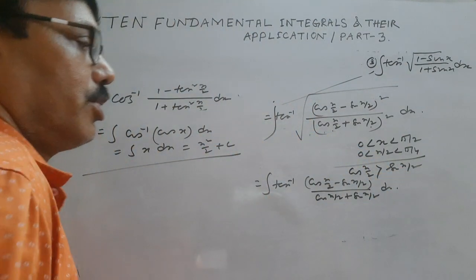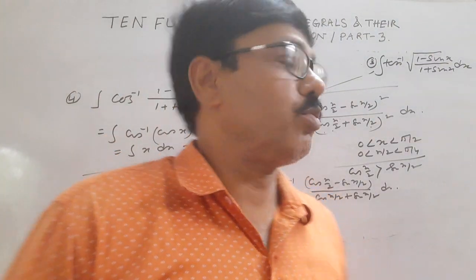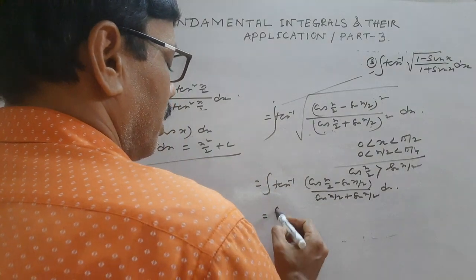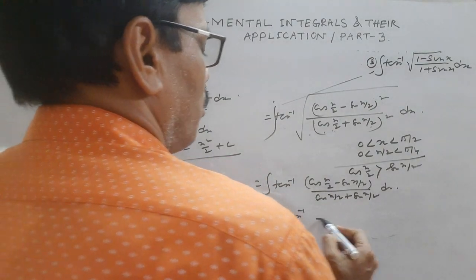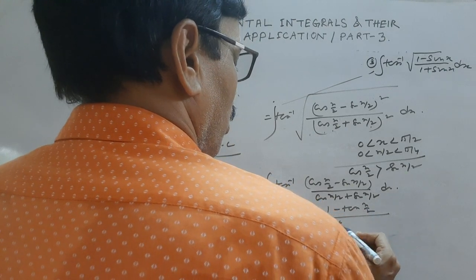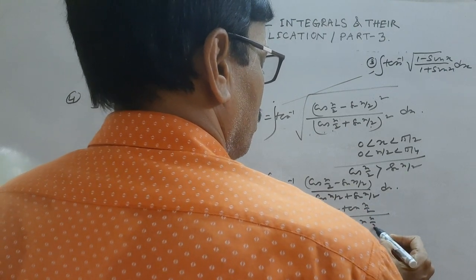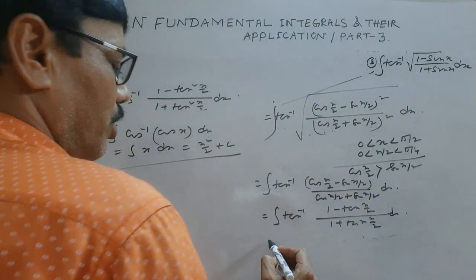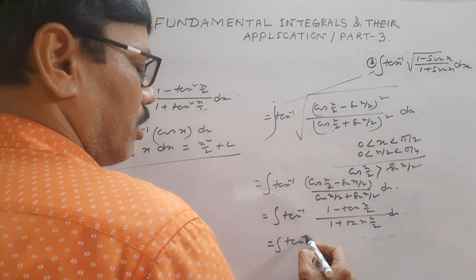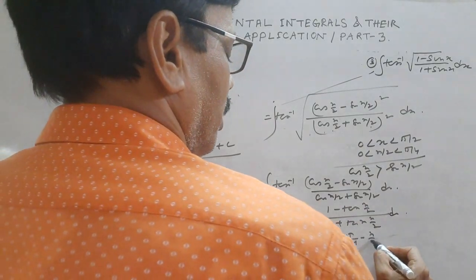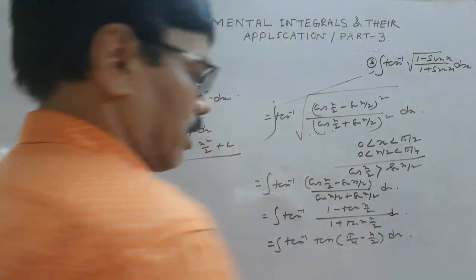So if it is 0 to pi by 2, we always take cos x by 2 minus sin x by 2. Then you complete it: (1 minus tan x by 2) over (1 plus tan x by 2) dx. So this is tan inverse tan, omitting one step, of pi by 4 minus x by 2 dx.